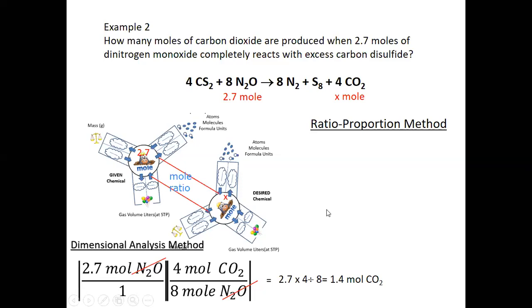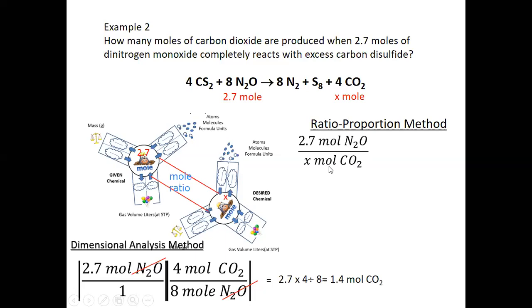Let's look at this particular problem using the other strategy called ratio proportion. Similar thinking, we set up a fraction with a given quantity, dinitrogen monoxide, over a desired quantity, moles of carbon dioxide. So our quantities are clearly labeled as moles and moles.